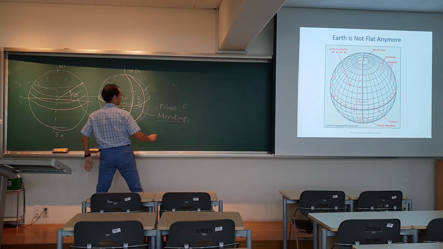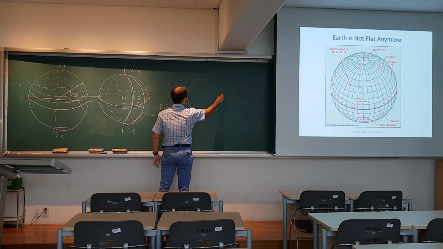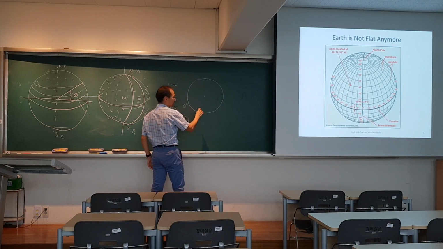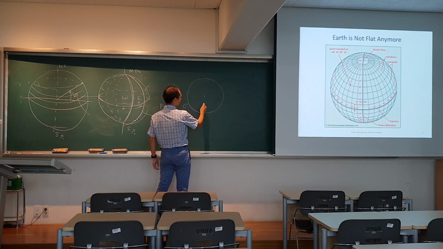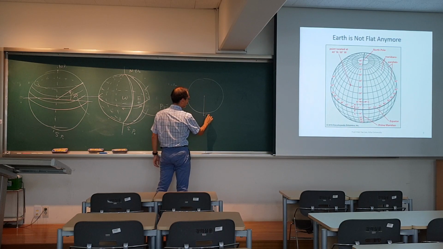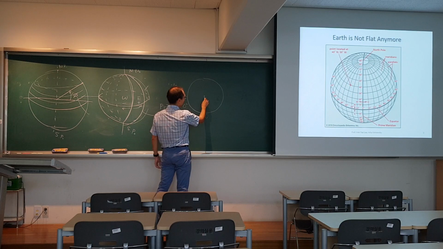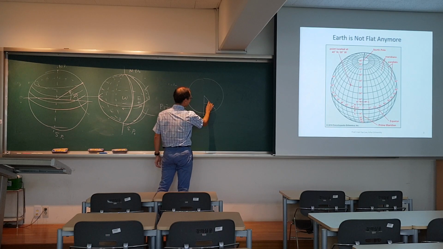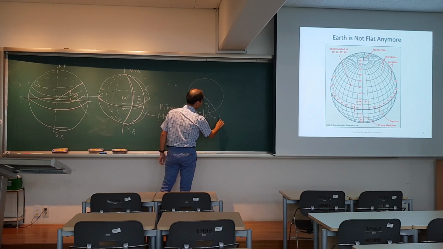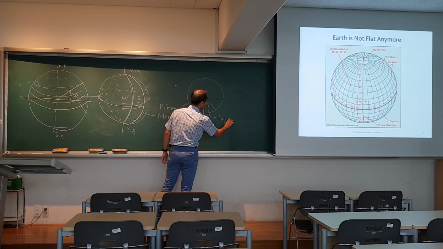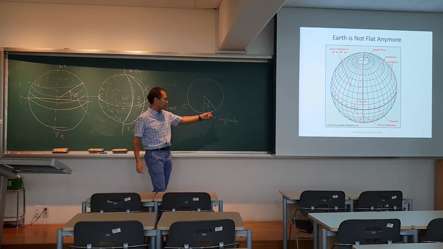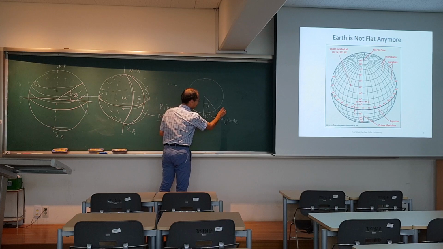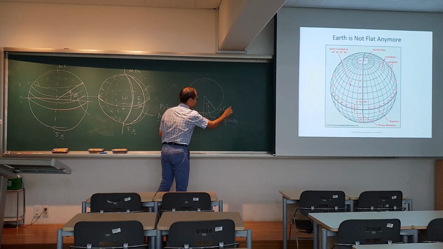So now this is the Earth. If you look from above the North Pole, this is a 0 prime meridian, and then this angle lambda is called the longitude. So towards the east, this is plus.